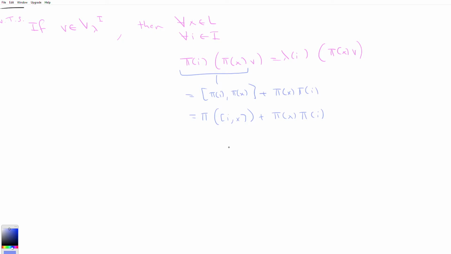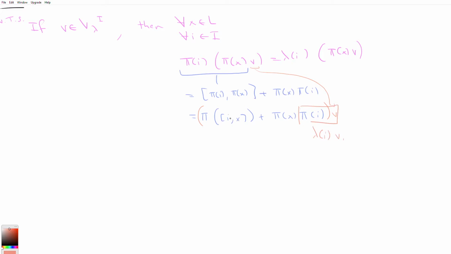And so rather than rewrite all this stuff, I just want to illustrate the point that we're trying to show here. So all of this stuff is acting on v. And so now we've moved I where we want it to be. So we know that this guy, pi of I acting on v, is lambda of I v.